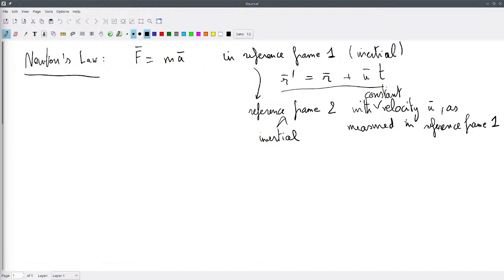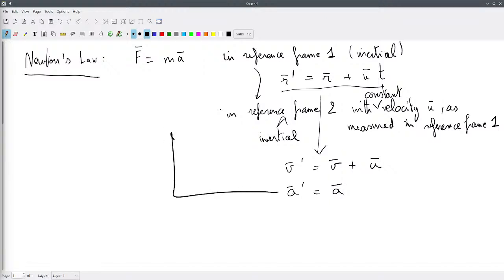So with this conversion, I can also calculate that the velocity in reference frame 2 will be the velocity in reference frame 1 plus u. The first one here is a v, and that's a u. And then, of course, the acceleration in reference frame 2 will be the acceleration in reference frame 1.